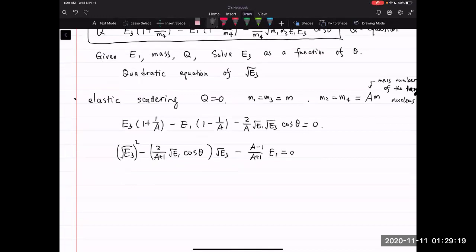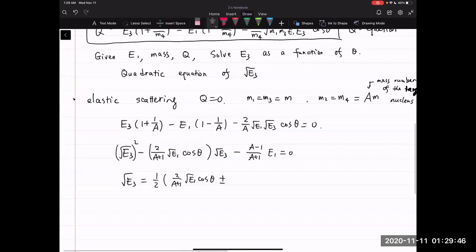Then we can solve for the square root of E3. So the square root of E3 will be 1/2 times the coefficient of the second term, 2 over A plus 1, square root of E1 cosine theta, plus or minus the square root of B squared minus 4AC, right?